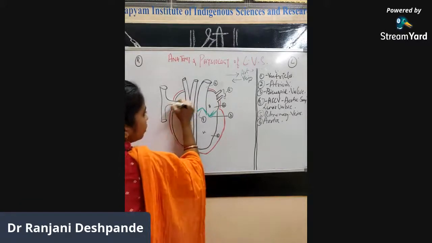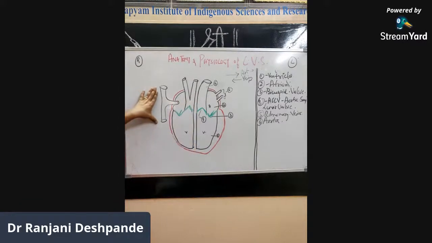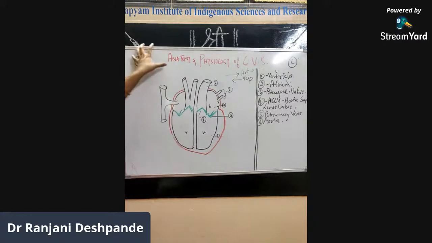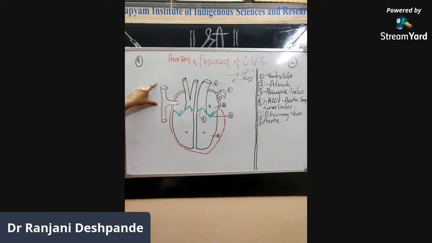There is a large vessel that will pour the partially deoxygenated blood from the other tissues into the right atrium. That is called the Vena Cava. The vein that drains from the upper portion of the body is called the superior Vena Cava, and the vein that drains from the lower portion of the body is called the inferior Vena Cava.